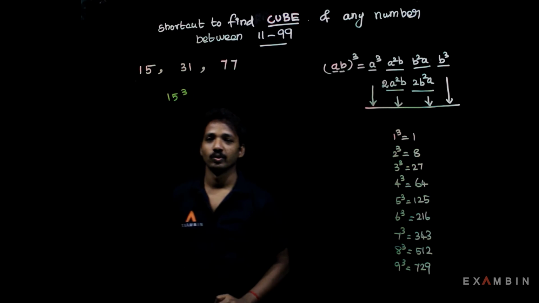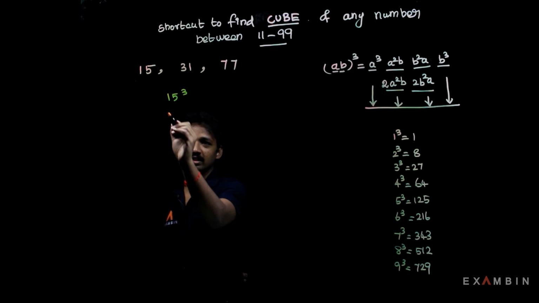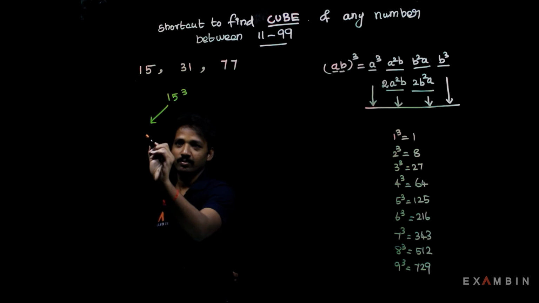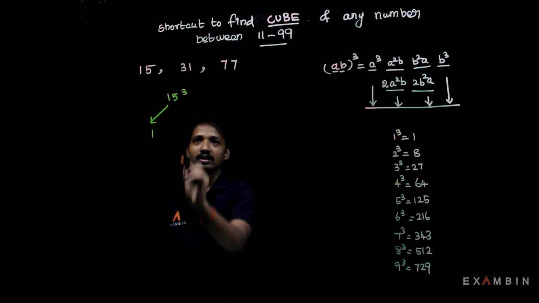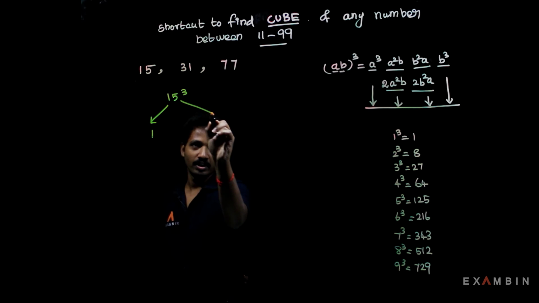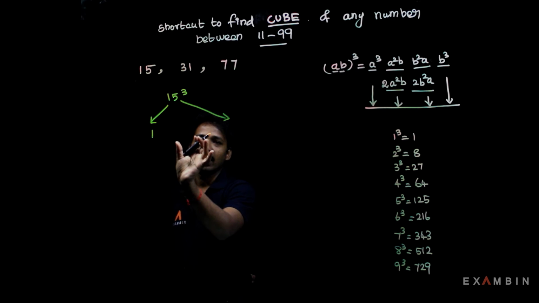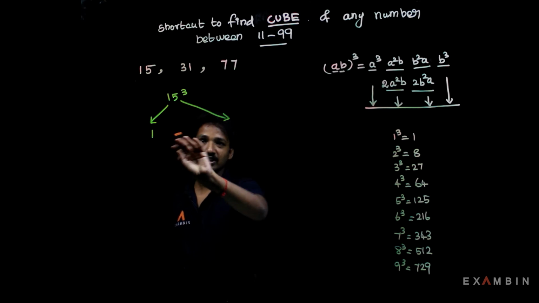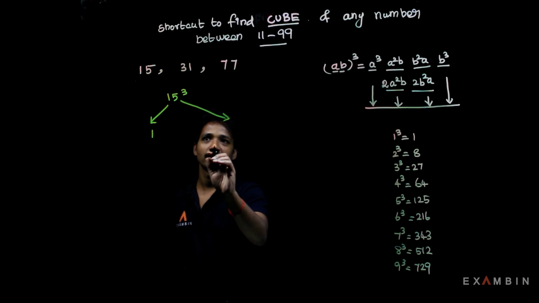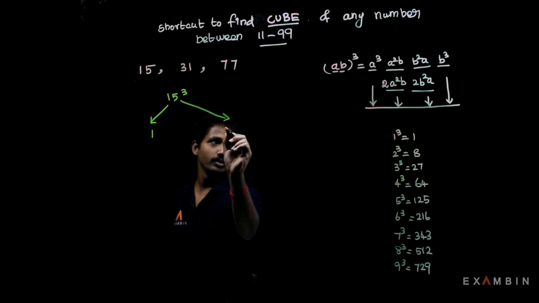In this trick, what you have to do is first cube the first number, 1. Cube the second number and write it by giving an ample amount of space to write another 2 values that will be taken in the next step. 5 cube will be 125.